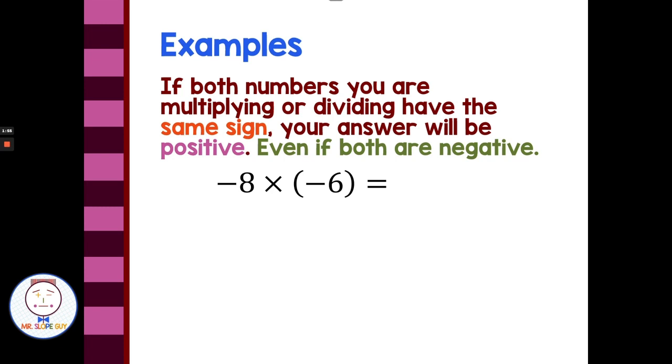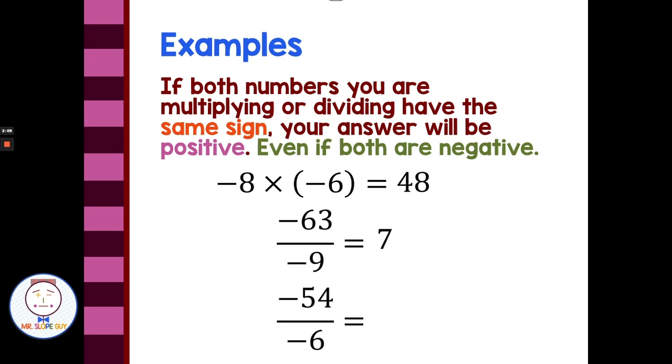So negative 8 times negative 6 is 48. Negative times a negative is positive. Negative 63 divided by negative 9. If the signs are the same, your answer is positive. Negative 54 divided by negative 6 is 9. So multiply and divide, same signs, positive.